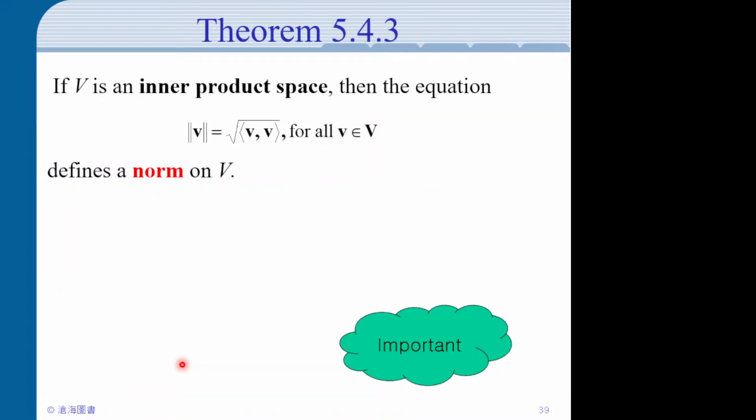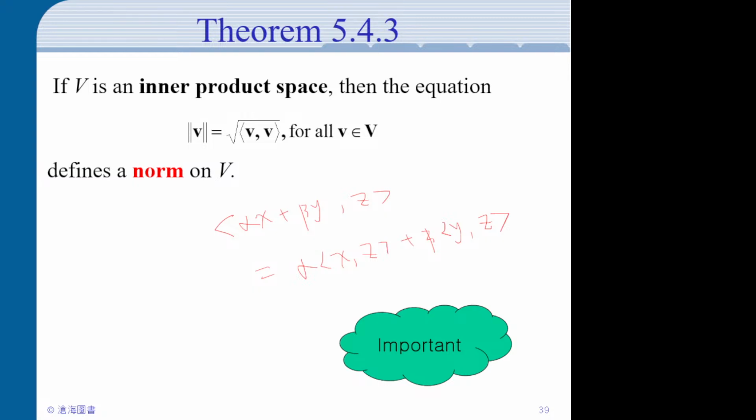So remember we have linearity on inner product: the inner product of alpha x plus beta y with z equals alpha times x inner product with z plus beta times y inner product with z.